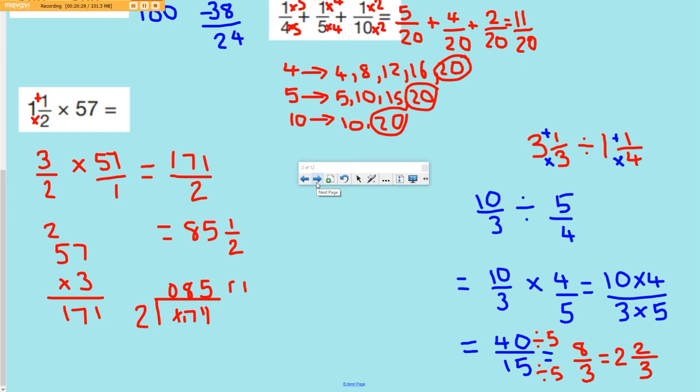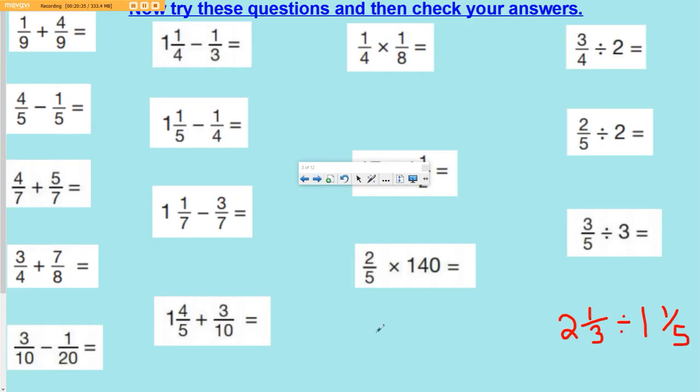You're also going to pause the clip after you've done it and then check the answers. You're going to have a go at these questions for me, and once you've done these questions, the answers are on the next slide, so you can check your answers. So have a go now for me, please.